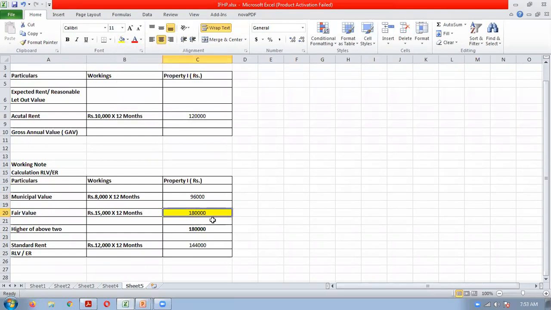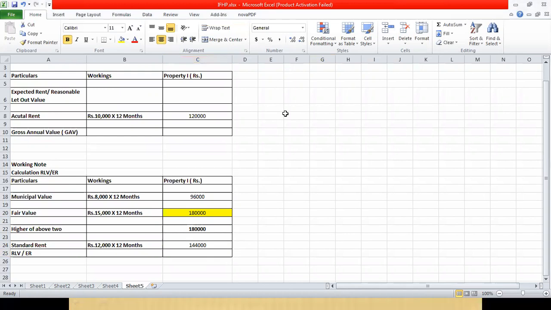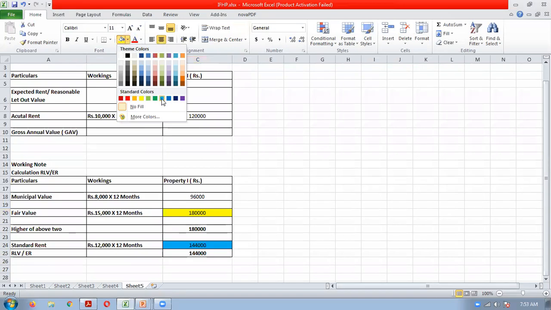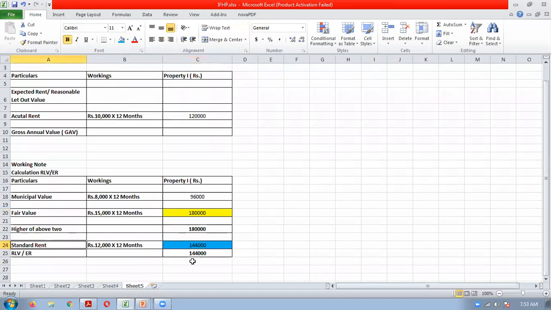Since the standard rent is given, we will have to compare this 1,80,000 with the standard rent. Now we have to write down whichever is lower, that will become our RLV. So 1,80,000 and 1,44,000, which is the lower value? 1,44,000. So that will become the RLV in case standard rent is applicable.